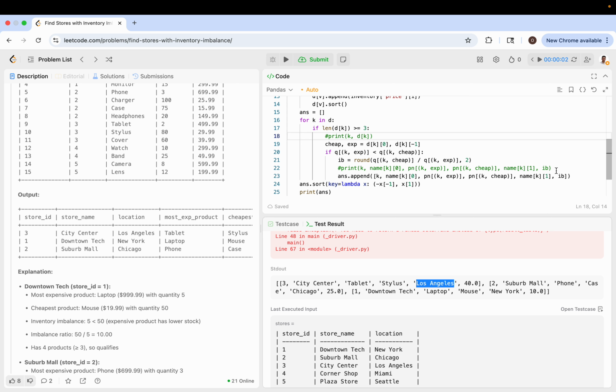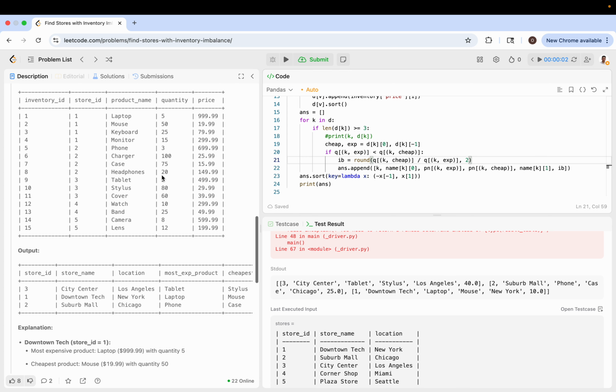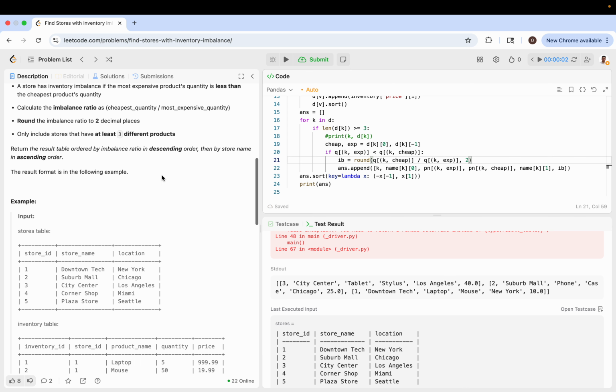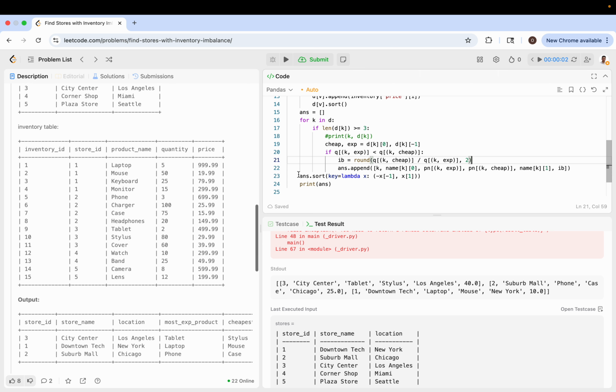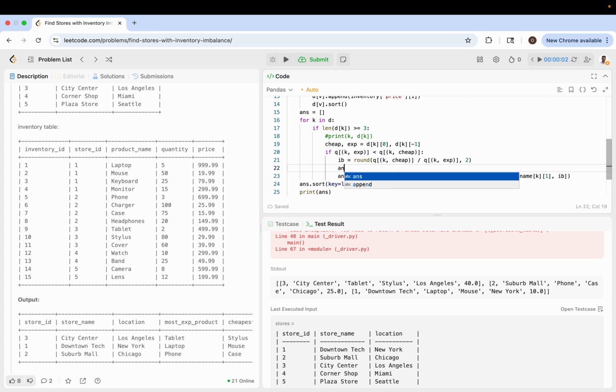Okay, so let's see. So we have the location. Where is that though? So location is here. Let's move this. So zero, and then here.